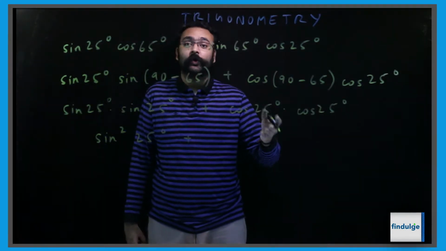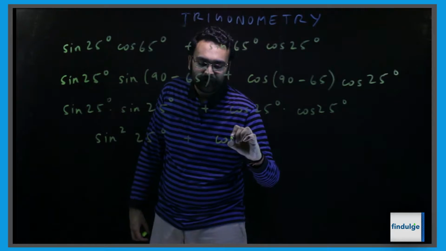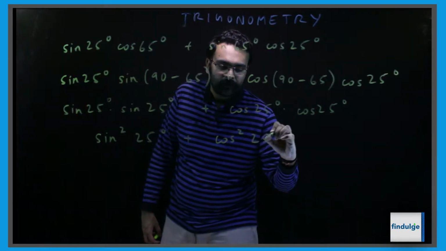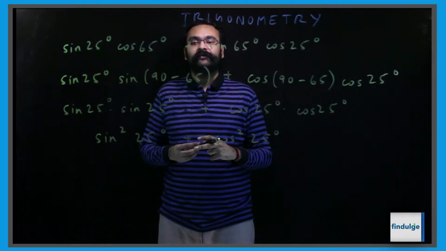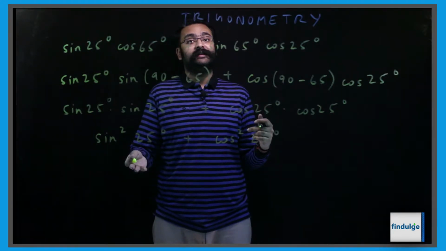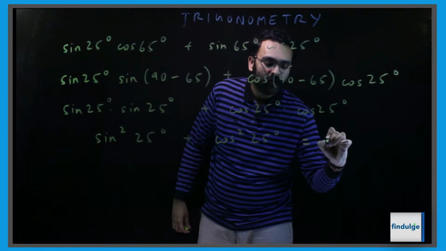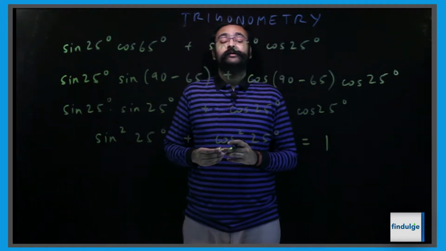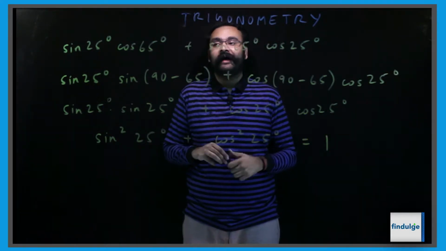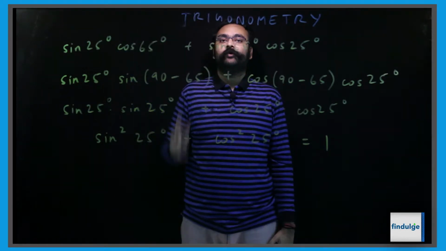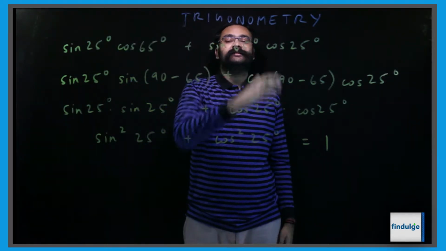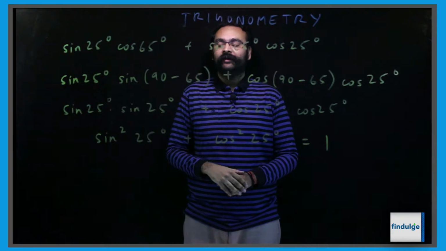This is of course cos 25 whole square, which will be cos square 25. Now this is sine square theta plus cos square theta, which is clearly equal to 1. So I have found the value of sine 25 cos 65 plus sine 65 cos 25.